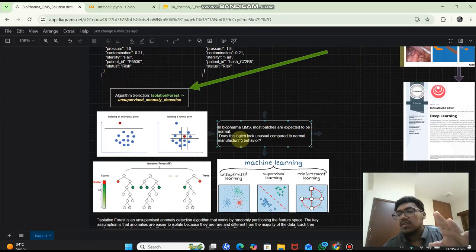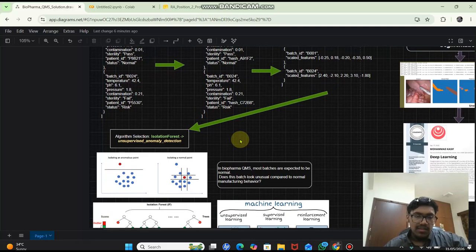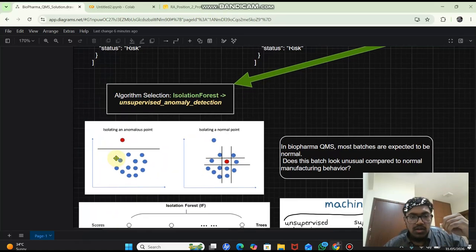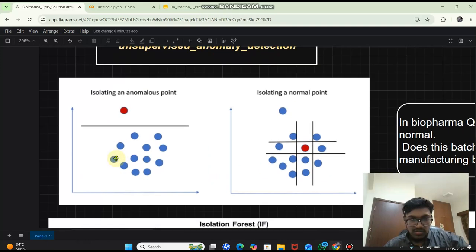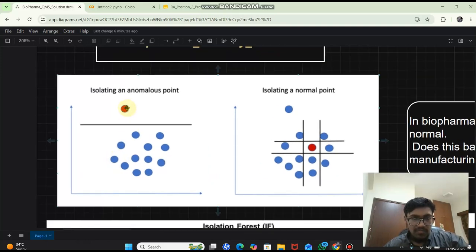Then we would pick a specific algorithm. Now, our job is to detect anomalies, and the data set that's coming in batches is not labeled. So we need to essentially isolate the outliers. So as you can see over here, we have a data point that is far away from the cluster.